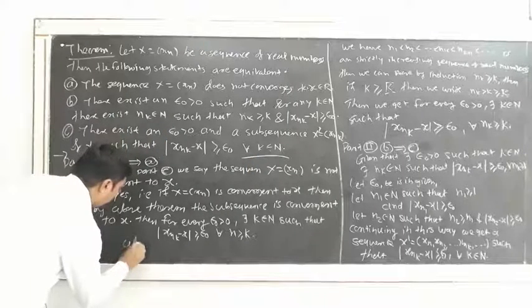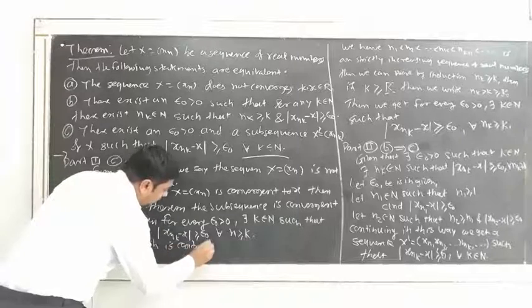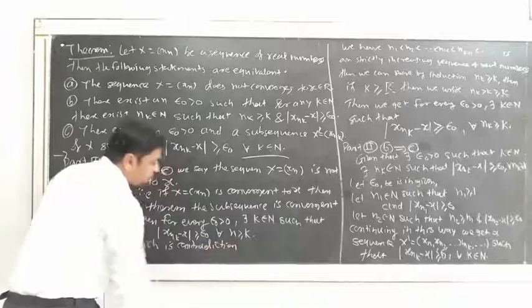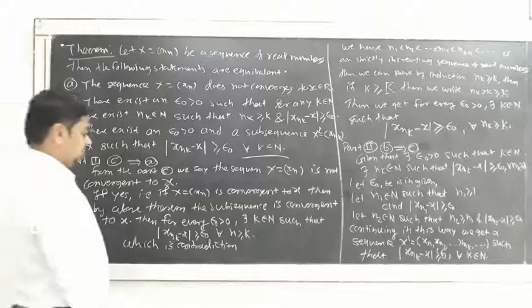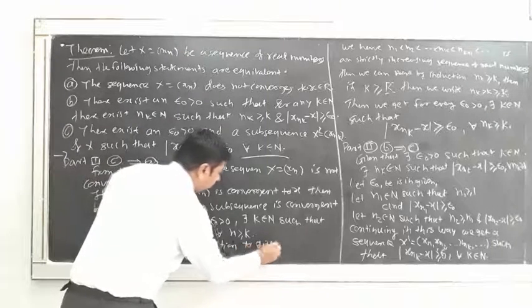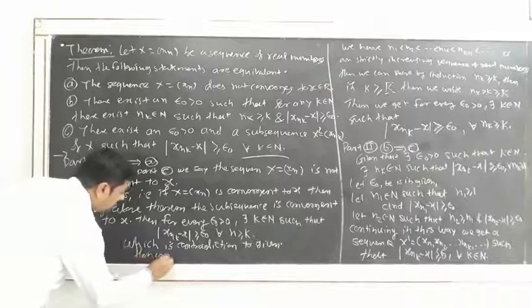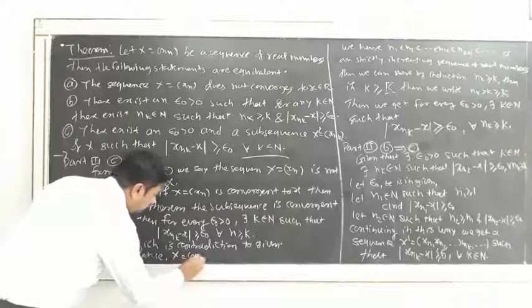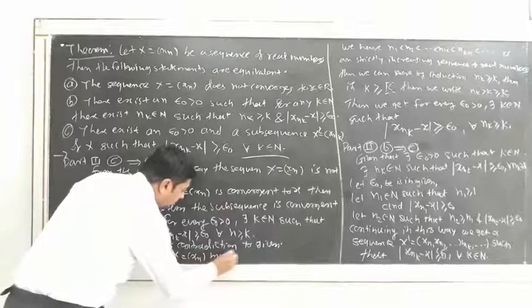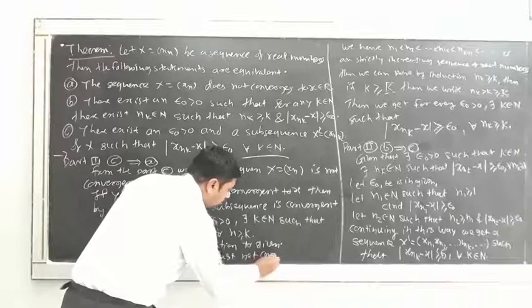Hence x equal to xn must not converge to x.